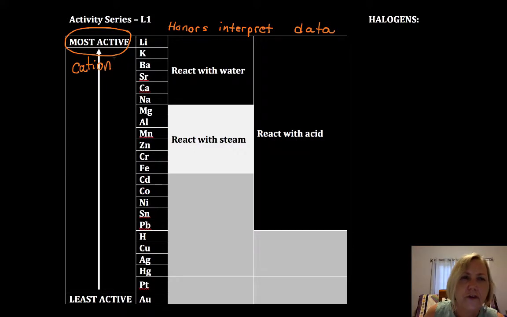So they prefer to be the cation. So in a process, if the most active metal is the cation as a product, it will typically be a thermodynamically favorable situation. Our least active metals really prefer to stay in their elemental state.